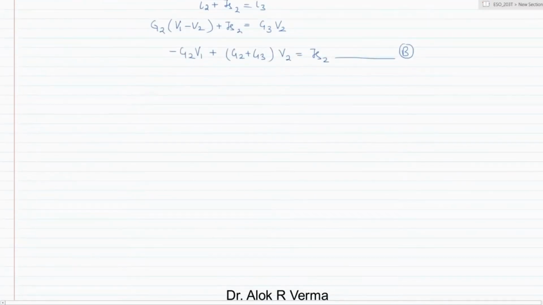So as you can see, in case of a mesh analysis, we have written the equation in the matrix form, which was easy to solve the circuit. Now similarly here also we can write the equations in the form of the matrix.